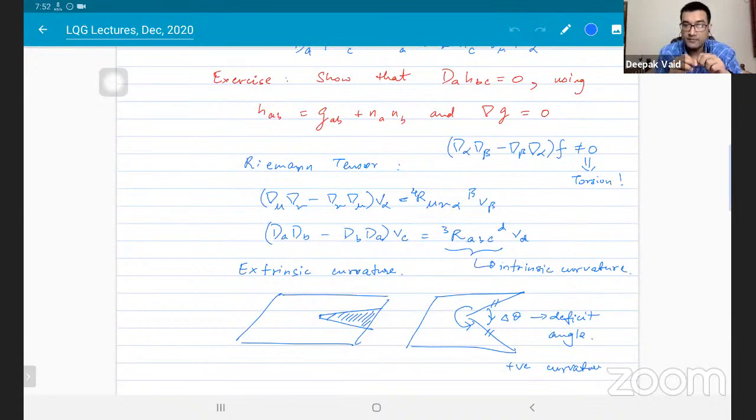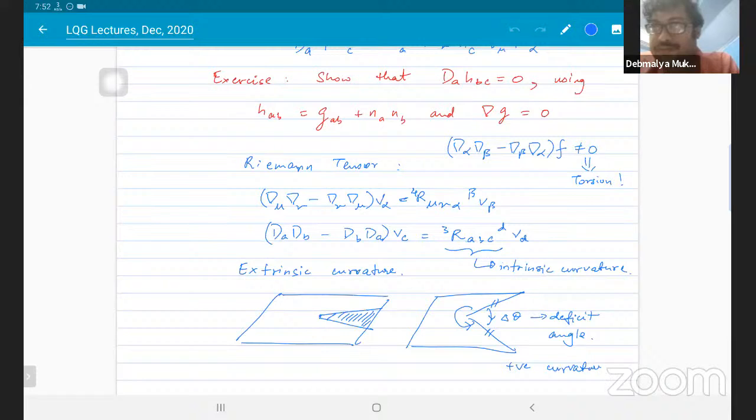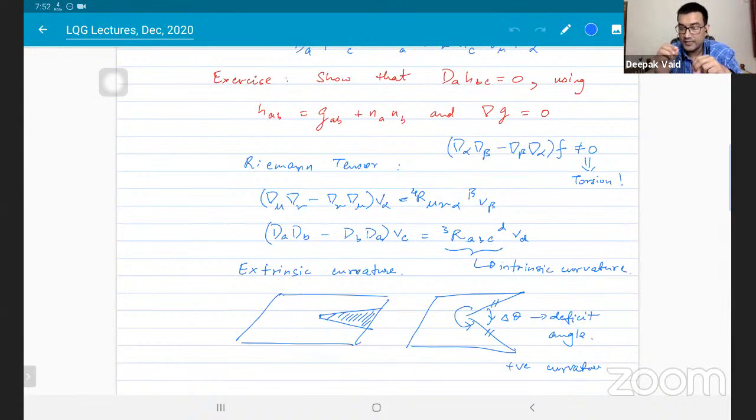Those defects behave like matter degrees of freedom. If you have these point-like defects, they introduce delta functions of curvature at that point, but only at the point where the defect is, not anywhere else.